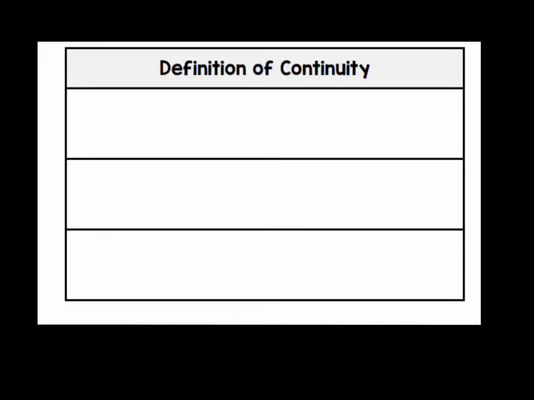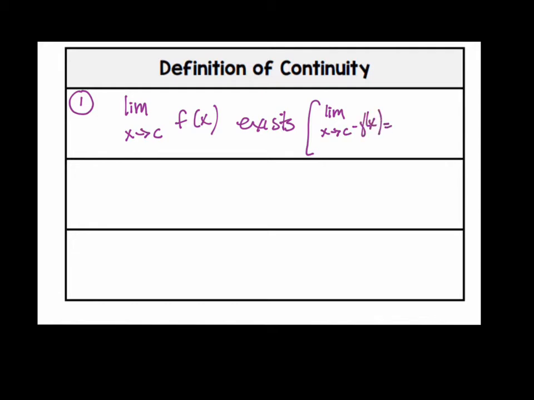It has 3 parts. The first part is that the limit as x approaches c of f of x exists, which means that the limit as x approaches c from the left of f of x is equal to the limit as x approaches c from the right of f of x.